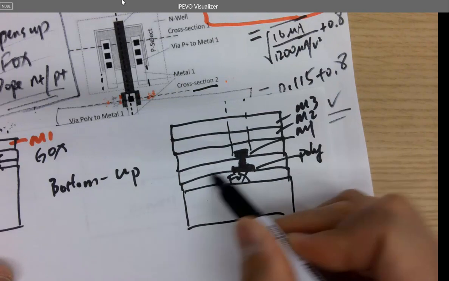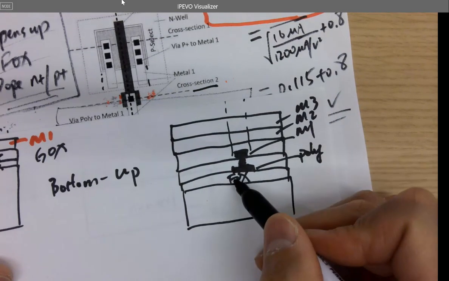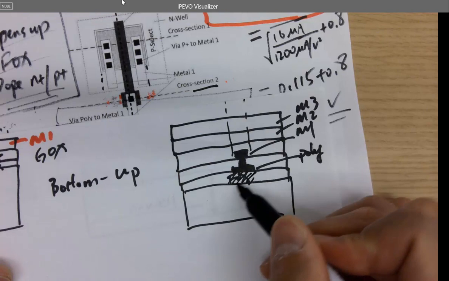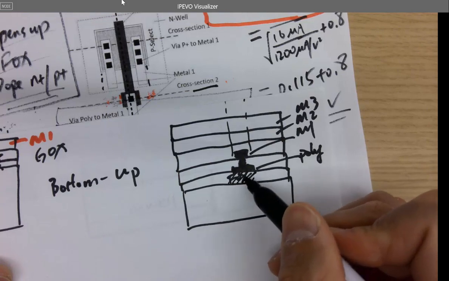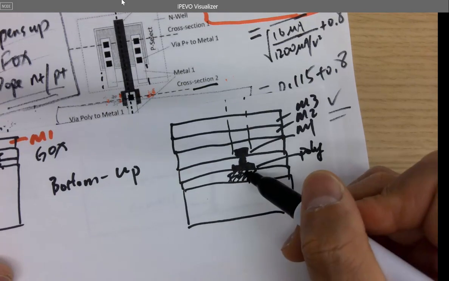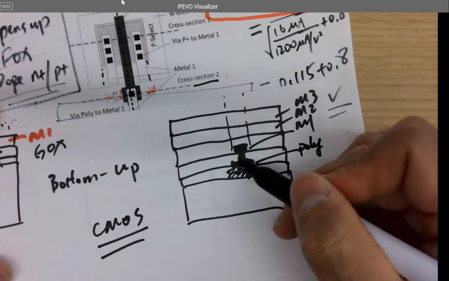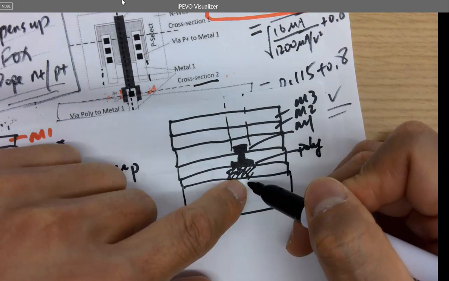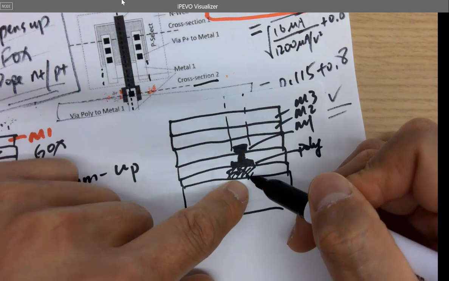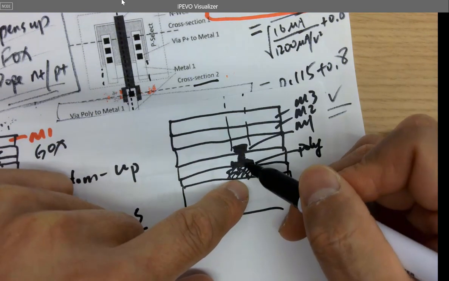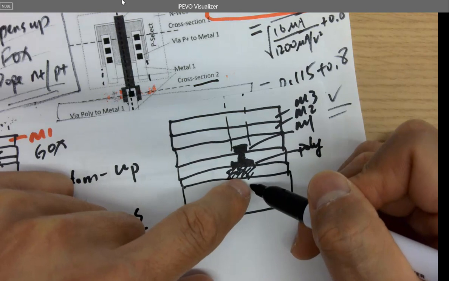We drew it to make it visible here, but it's actually very thin, so you only have a very thin layer of oxide in the middle. That's why CMOS transistors consume less power, because there's no direct contact with the PN junction here, so you don't have constant DC current flowing in the circuit all the time.